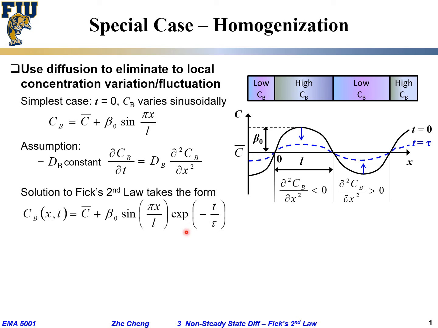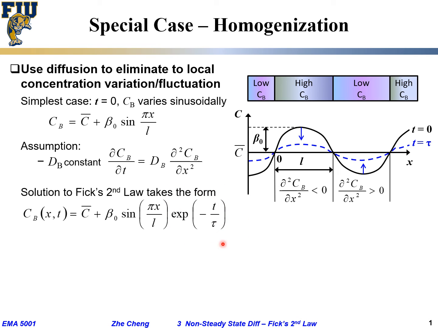And then if x is not at those special locations, when t increases, because we have that negative sign and we have the exponential, this exponential term should decrease, right?